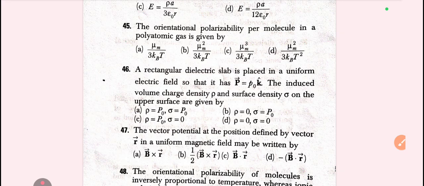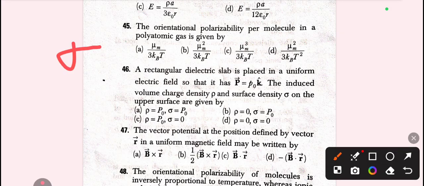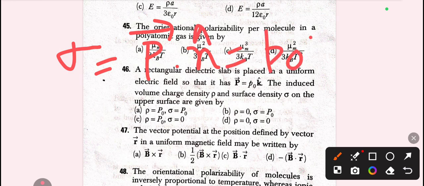We have sigma equals P vector dot N vector, which equals P naught K vector dot N vector. So sigma equals P naught.